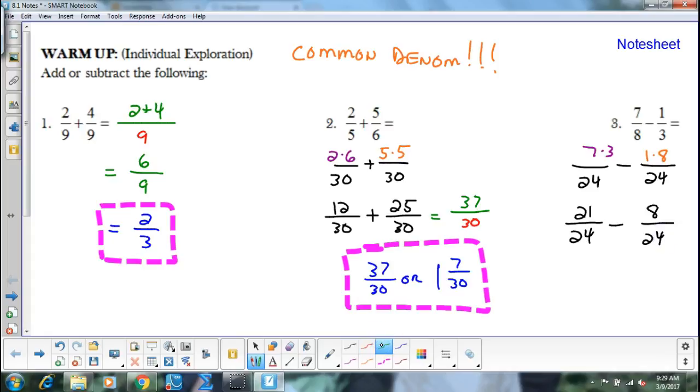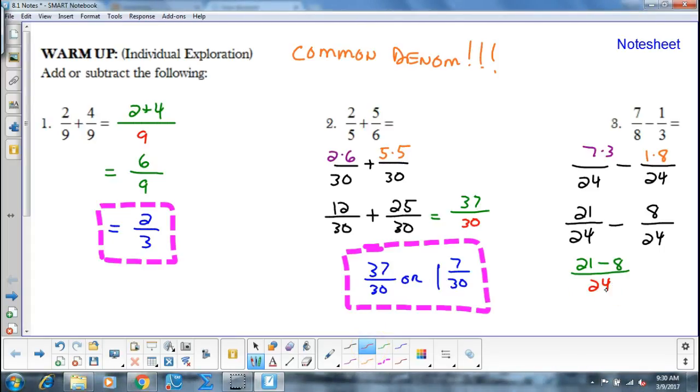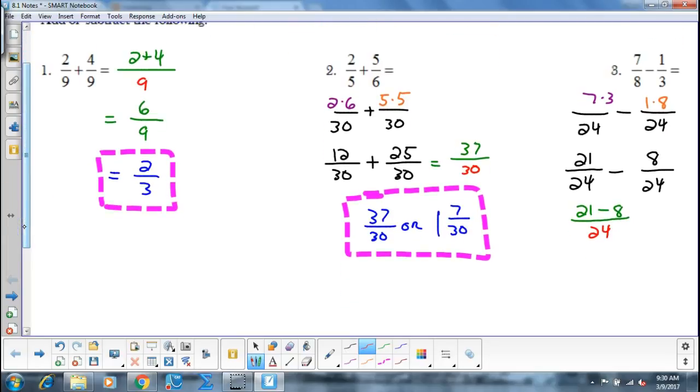So that would be 21 minus 8 over 24. What's 21 minus 8? 13? Okay. 13 over 24. Can that be reduced? Okay. Nor can it be written as a mixed number.